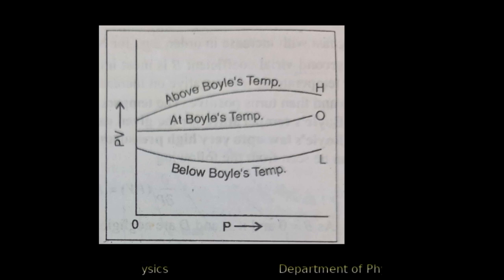At lower temperature, these gases also exhibit a large deviation from ideal gas behavior. For every gas, there is a particular temperature called the Boyle's temperature, at which the product PV remains almost constant with a variation in pressure. When the pressures are very high, the product increases.